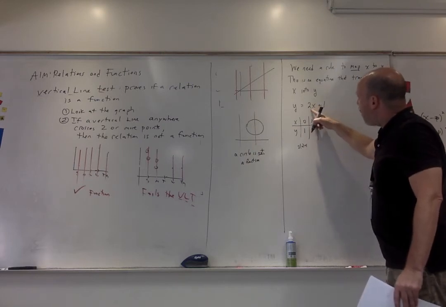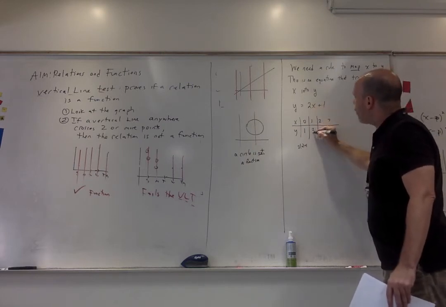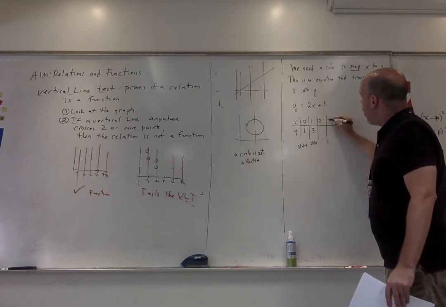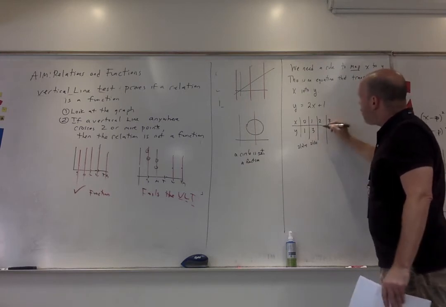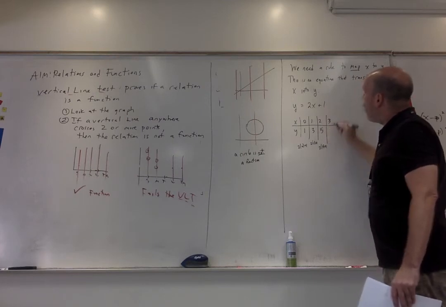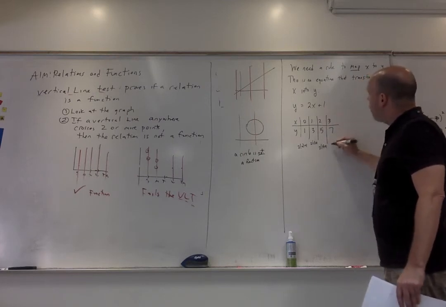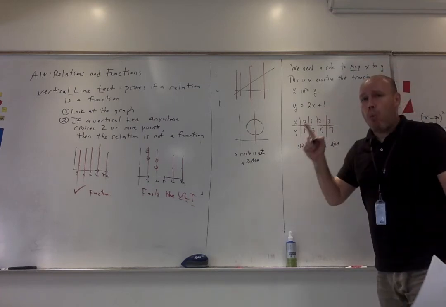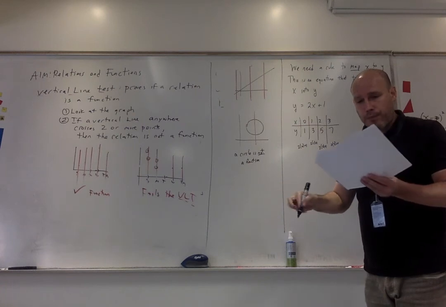Okay, double 1, add 1, 3. Where does 2 go? 2 gets mapped to 5. Where does 3 go? To 7. So this is the idea. You have to say, what's the rule, Mr. Adler?